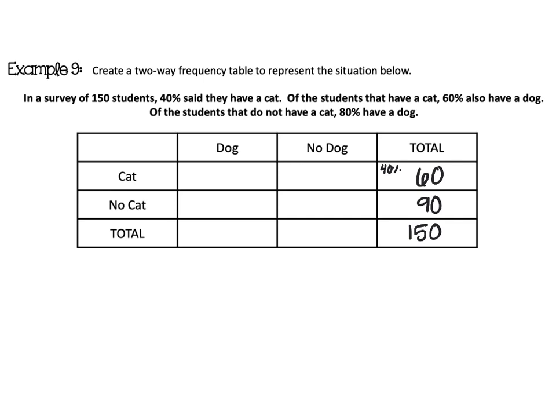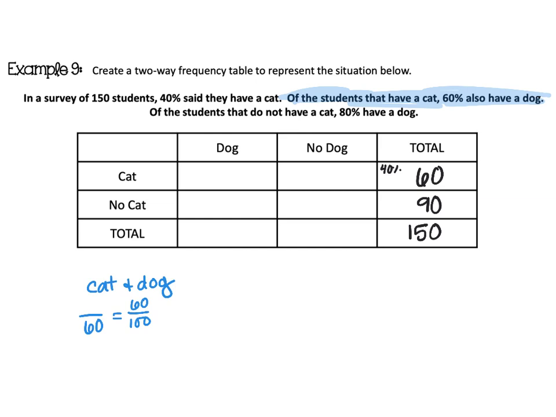Now we were given some other information to work with. Of the students that have a cat, 60% also have a dog. So we're looking at cat and dog. So there are 60 people that have a cat, and 60% of them also have a dog.